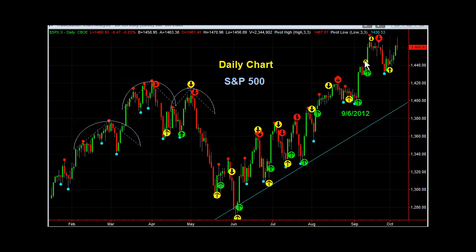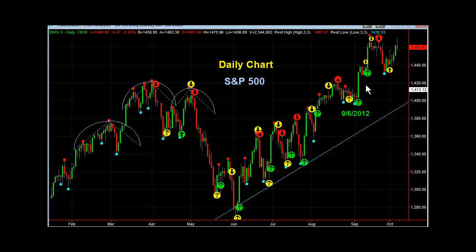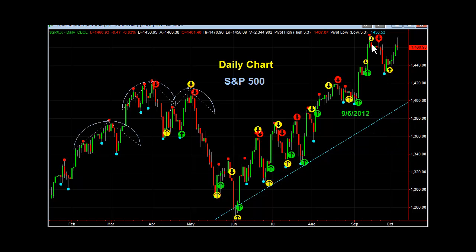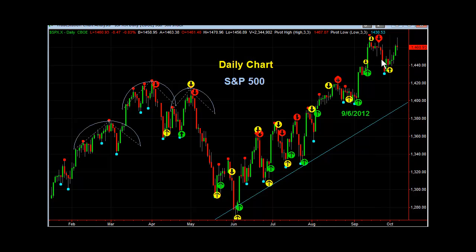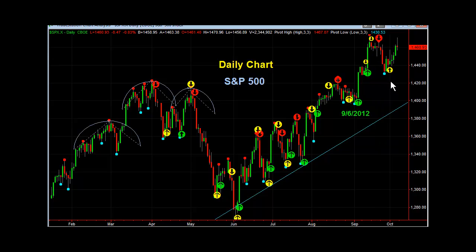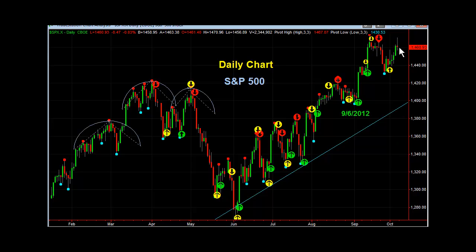Then it went neutral here, on the 12th of September. So from long to neutral, then it went long again on the 13th, and then it went neutral again on the 17th of September, and rolled over, went short on the medium term on the 21st, and went neutral on the 1st of October, and it's still neutral right now.